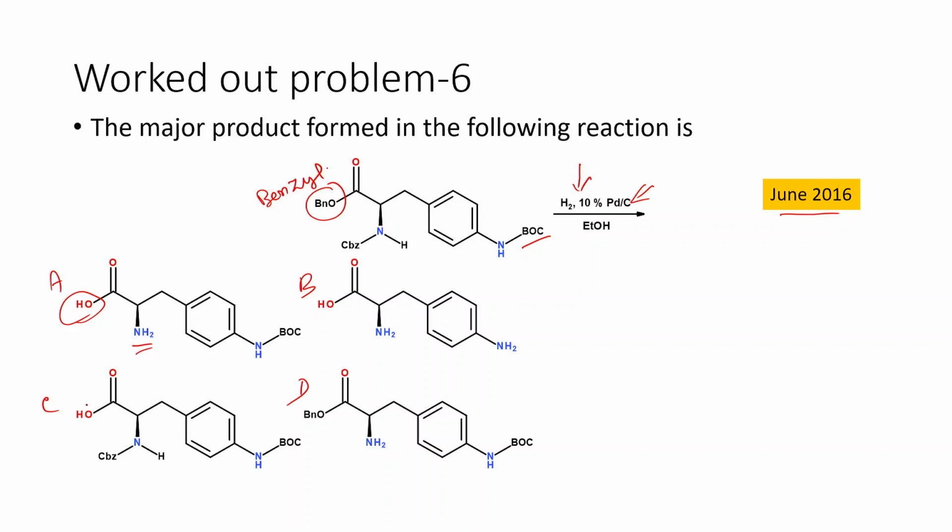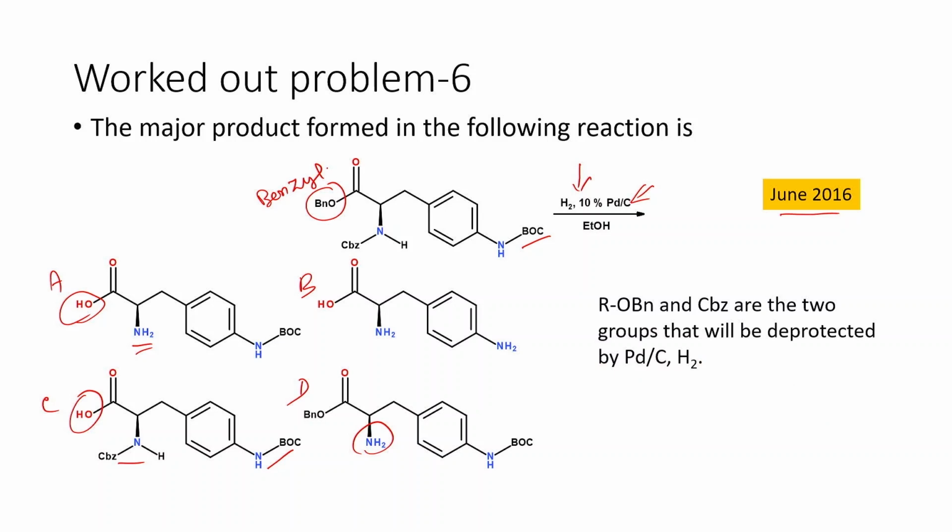In the third, C, the carboxylic acid is deprotected, but both the nitrogen groups are not deprotected. And in the last one, only the amino group is deprotected and not the aniline. So these are the 4 different combinations, and the only thing we have to know is the role of hydrogen and 10% palladized carbon.